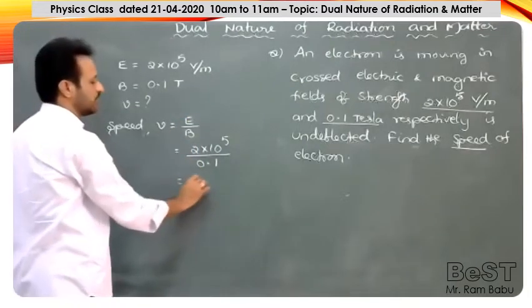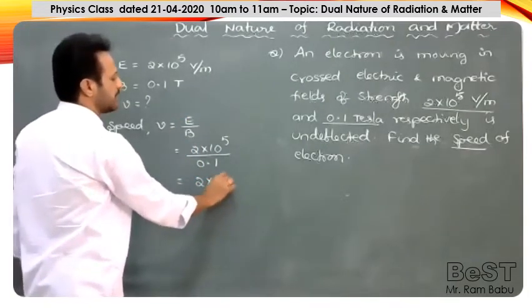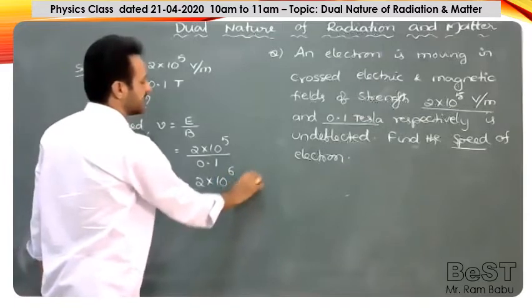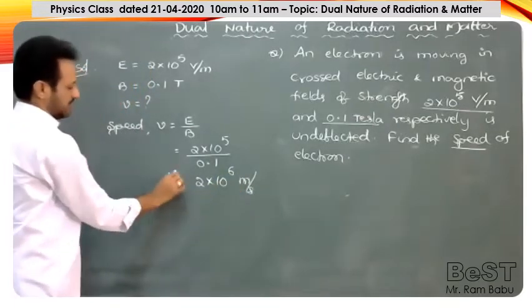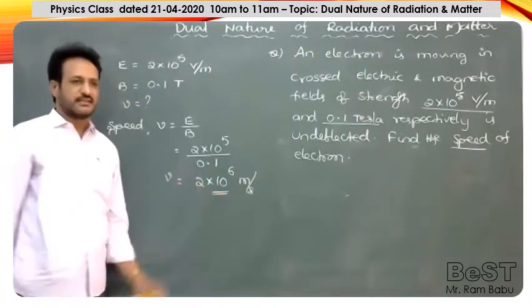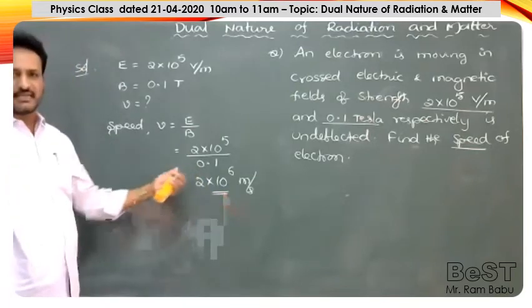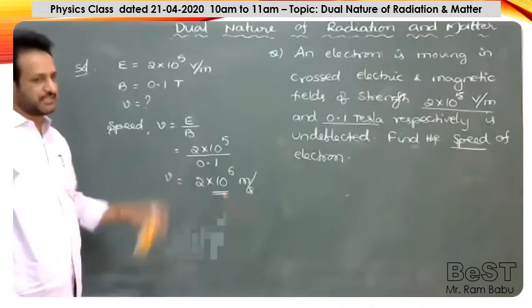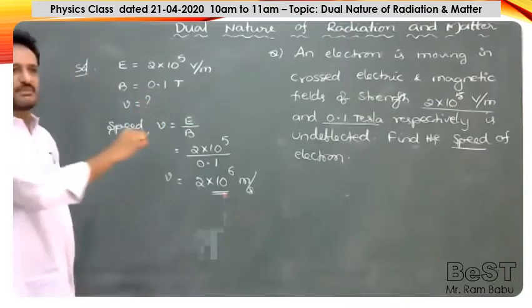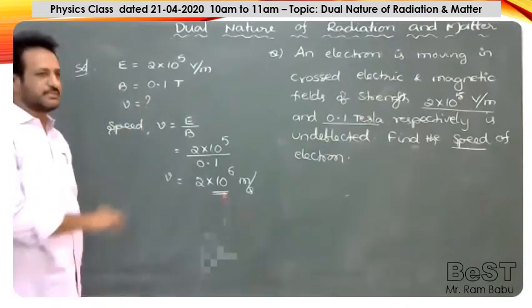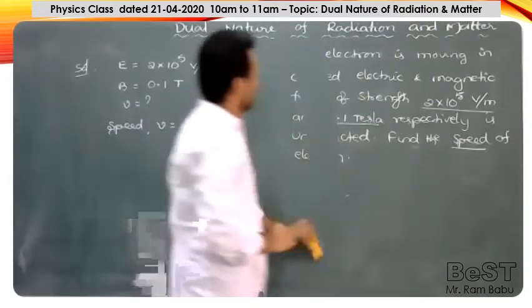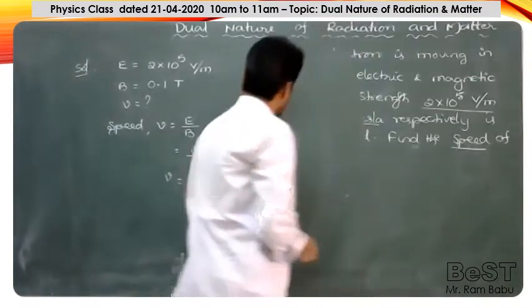It is equal to 2 into 10 to the power of 6 meter per second. It is the value of the speed of the electron in the crossed electric and magnetic fields without any deflection. So this kind of question may be asked based on the J.J. Thomson method. It is about specific charge and the Thomson method.